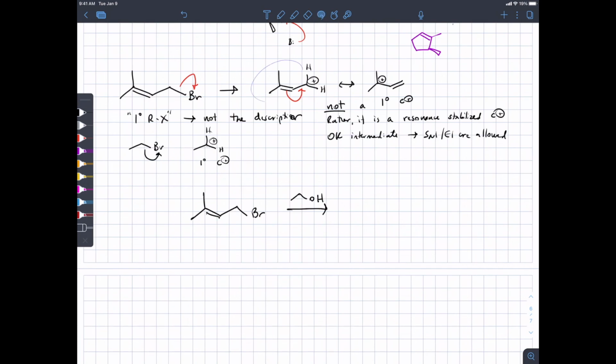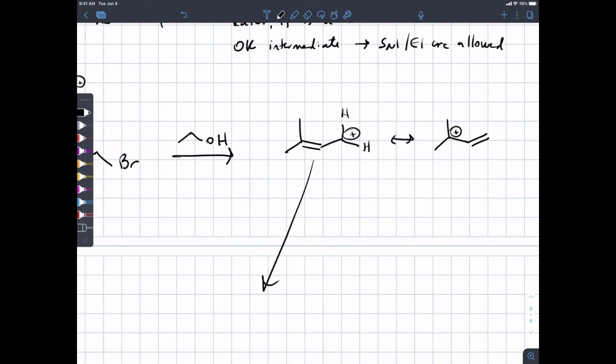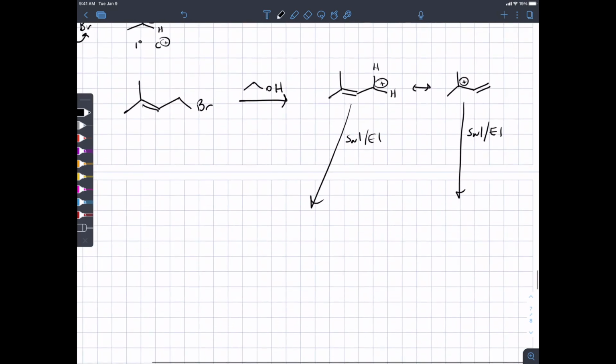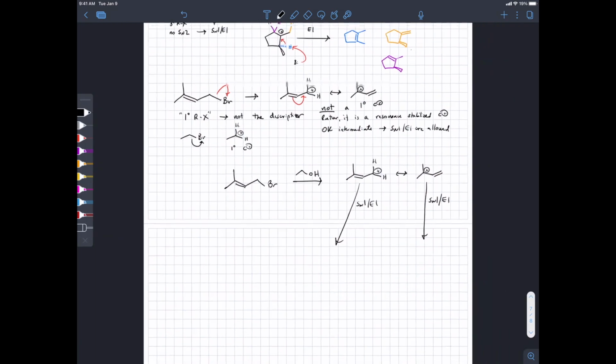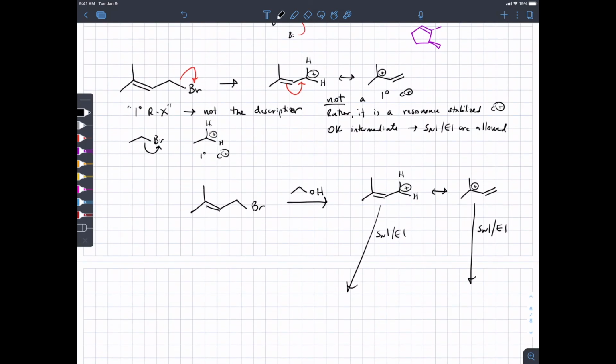Well, we would need to draw these carbocations as intermediates, and then we would need to draw the possible SN1 and or E1 products for each resonance structure. I laugh. So do that with this one and see what you come up with. And then I will put the answer in the notes.